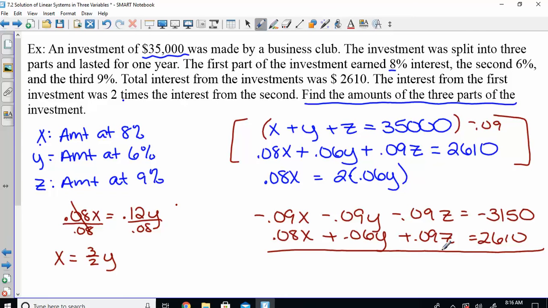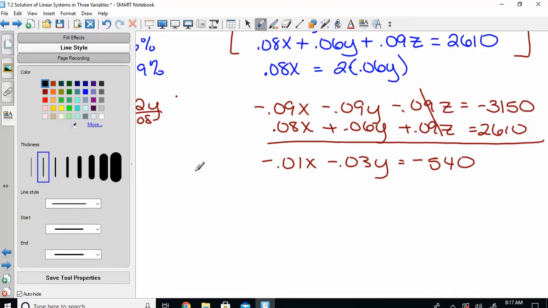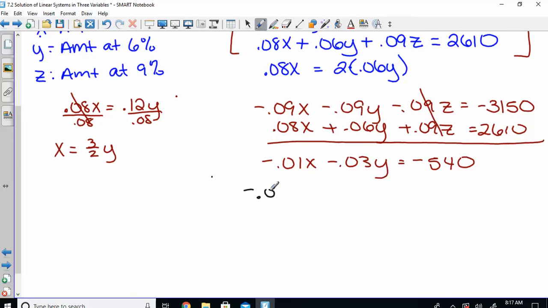Okay, so now we can put these together. So we have a negative 0.01x minus 0.03y equals a negative 540. Using these two equations, what could we do? We substitute.